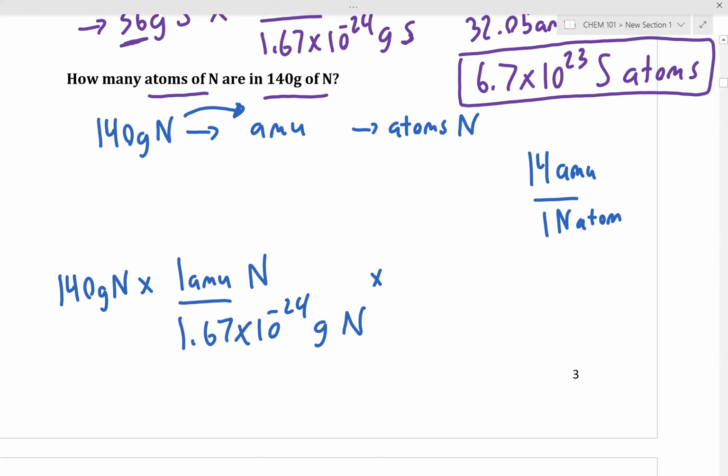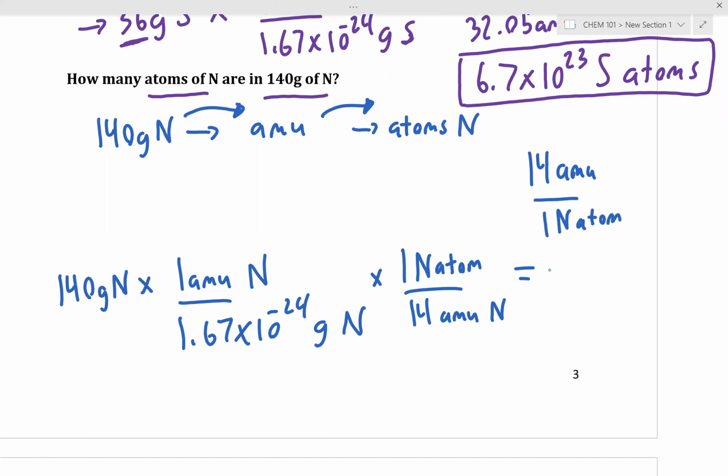Now, if we're going from AMUs to atoms of nitrogen, what units go on top? Atoms. So then we have one nitrogen atom per every 14 AMUs of nitrogen. And now we're ready to punch this into our calculator.